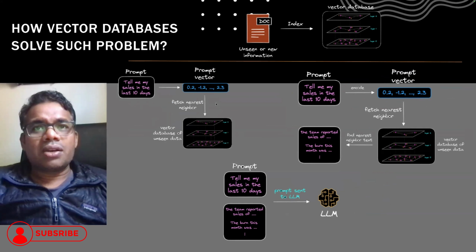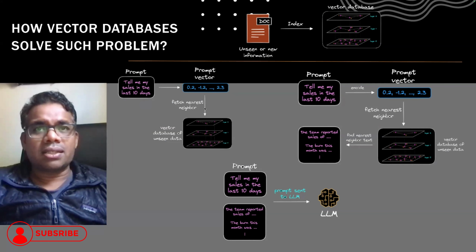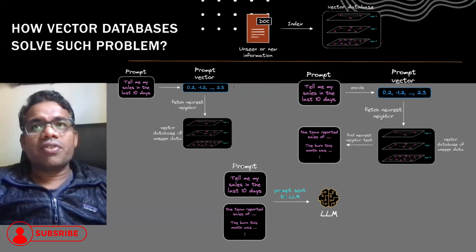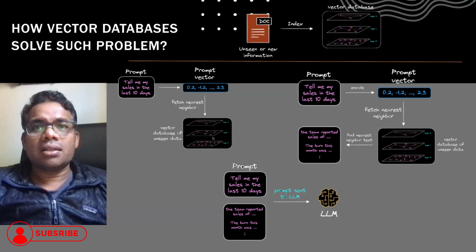Before that, we have already stored the details into the vector database, like how we have stored all these things in a different format, in a 3D space, with an array of numerical representations.